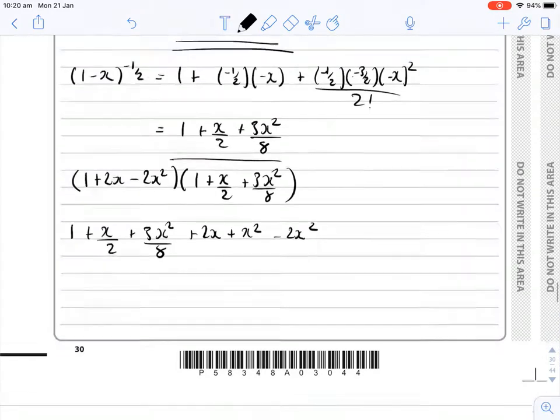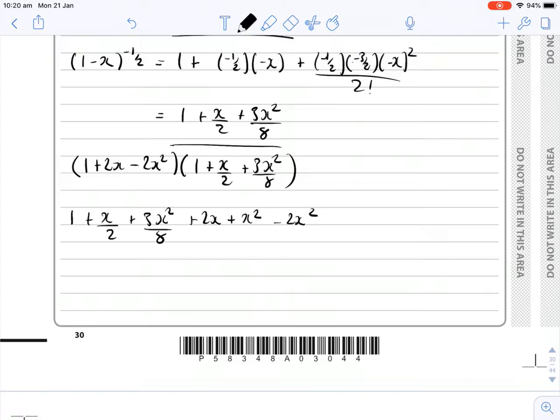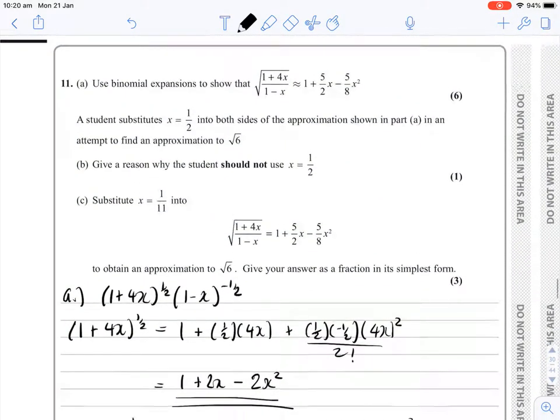Anything else is going to give us a power above 2 for x. So simplifying this, 1 + 5x over 2 - 5x² over 8, and we've shown exactly what we needed to do there.